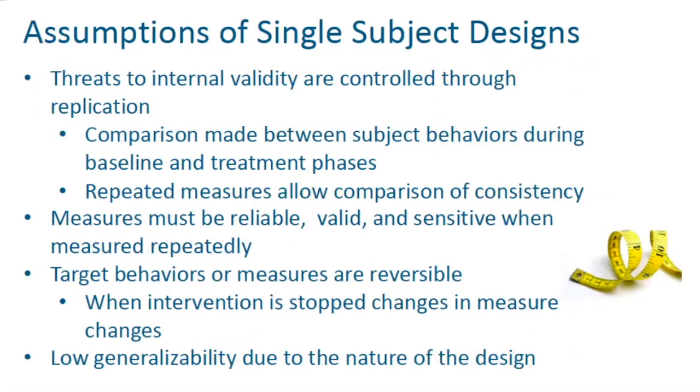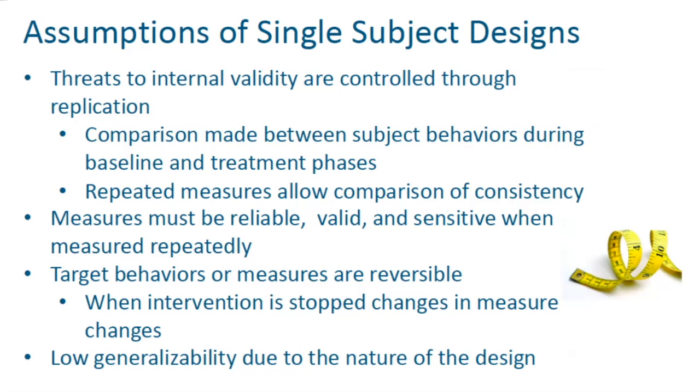So, some assumptions of single subject designs. Okay, you're going to have threats to internal validity, but you can control them through replication. Okay, so you're going to compare the subject's behaviors between baseline and treatment phases. Okay, and then the repeated measures allow you to compare for consistency. Your measures must be reliable, valid, and sensitive when measured repeatedly.